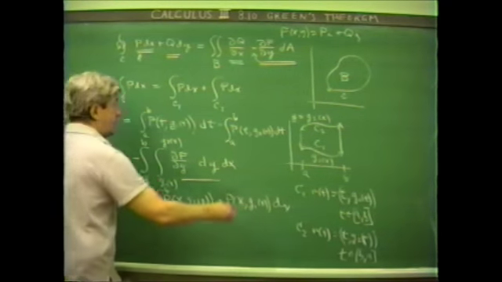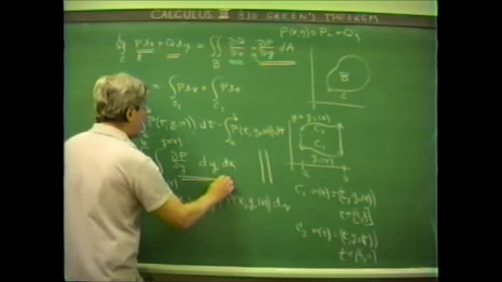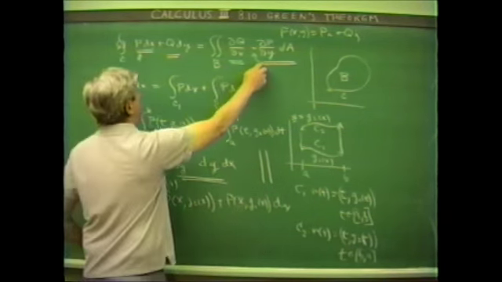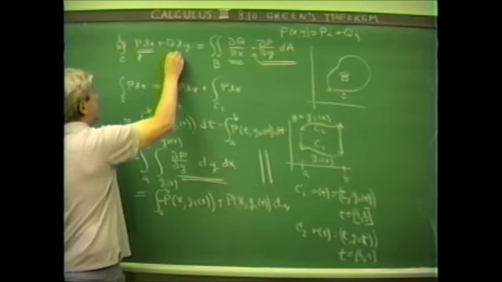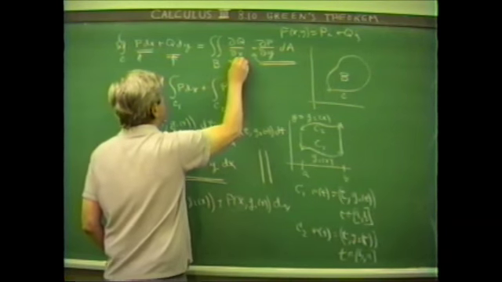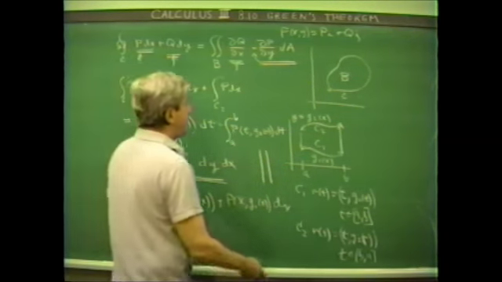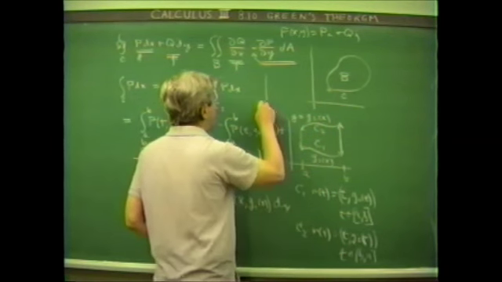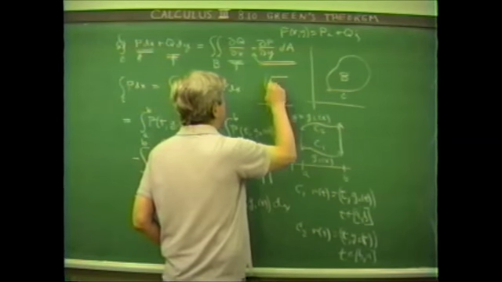So the fact that these two are equal shows that this integral in Green's theorem is this integral over here. The fact that the integral of Q with respect to y around C is this can be shown similarly, using a region that is simple in the other sense, like so.